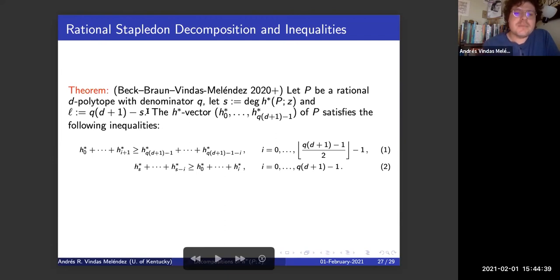That's what this theorem is saying, that for the h star polynomials, we now have some inequalities that are satisfied by the coefficients, okay? And actually this first coefficient generalizes an inequality by Stanley, and the second one generalizes an inequality by Takayuki Hibi.